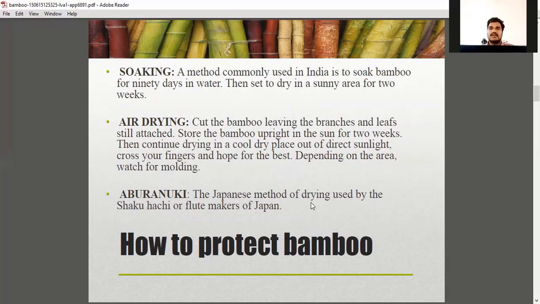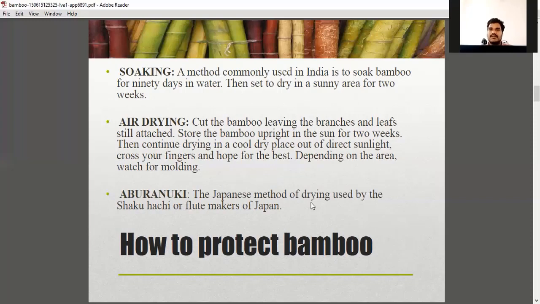And so bamboo, once it is cut from the tree, will be soaked in water for several days. The bamboo will be dipped in the water for approximately 90 days. Then the soaked bamboo will be dried in the sunlight for 2 weeks. And after that, it will be dried in the air.